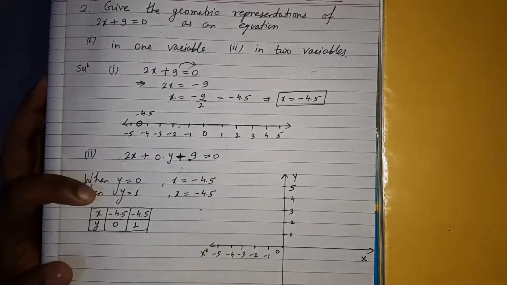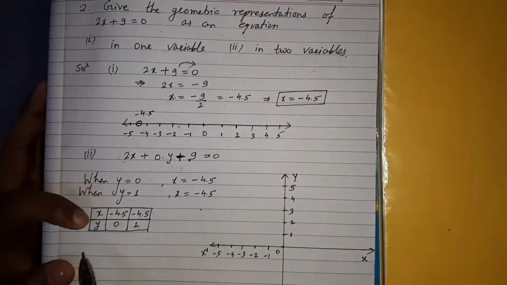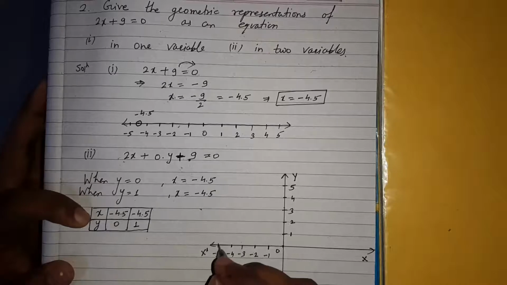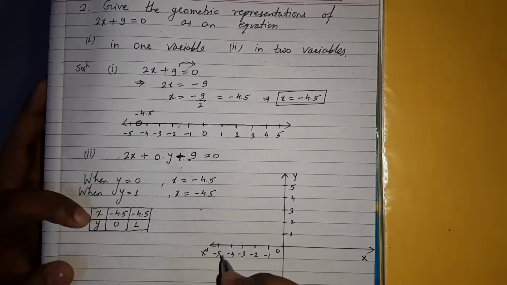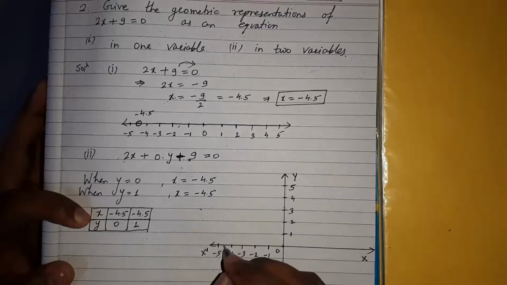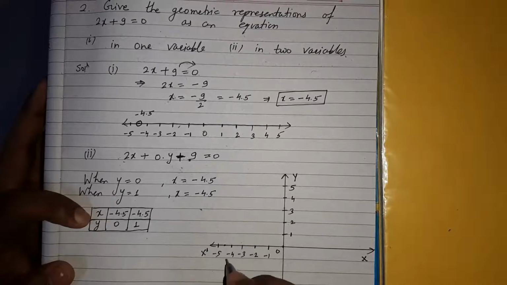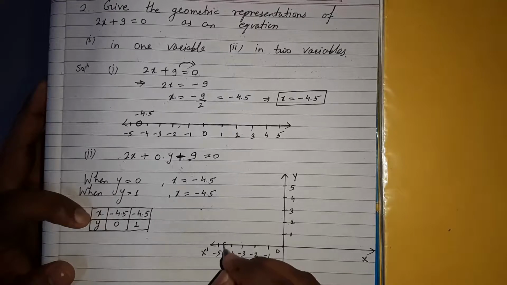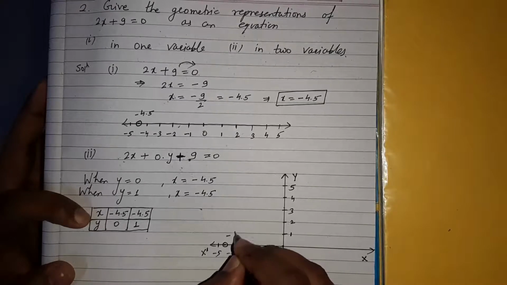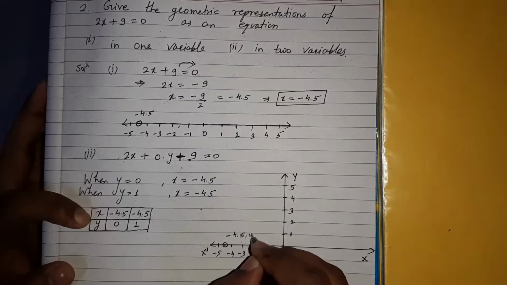You can see here the first solution is x is equal to minus 4.5 and y is equal to 0. On the x axis the value of y is always 0. So minus 4.5 lies at the midpoint between minus 4 and minus 5. So the first coordinate, minus 4.5 and 0, will lie here.